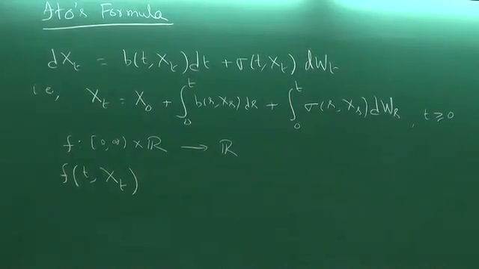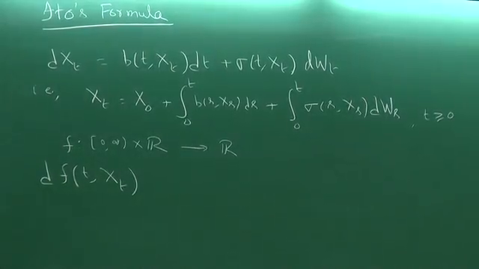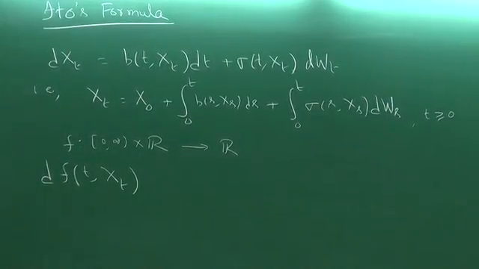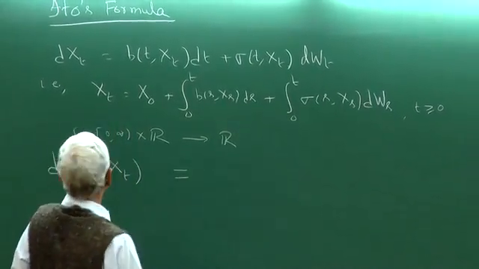So chain rule, right? In other words, we are interested in d of f(t, x_t). So this is the chain rule. Srikanth has already explained it, so I am just recalling it.